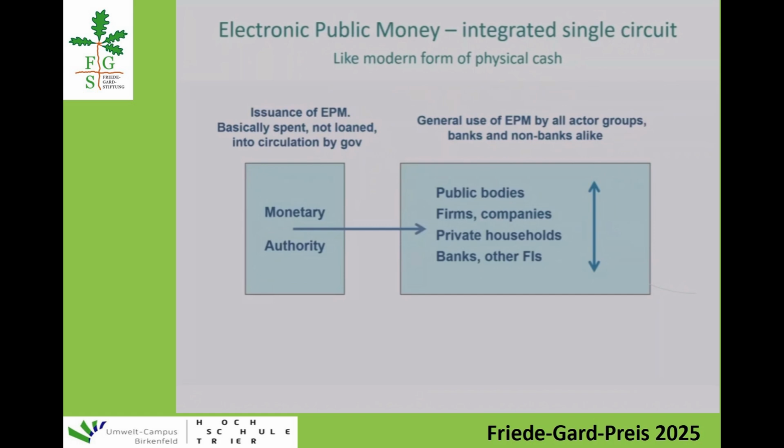Electronic public money as envisaged by Professor Yamaguchi is a system beyond reserve banking, or say, a system beyond bank money, in that the two-tier structure is replaced by one single general money circuit using public money only.